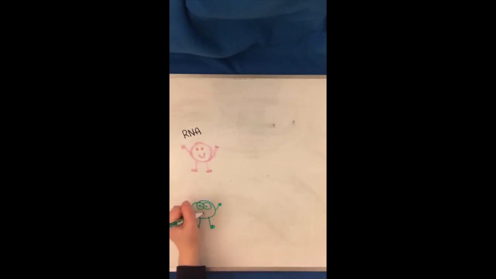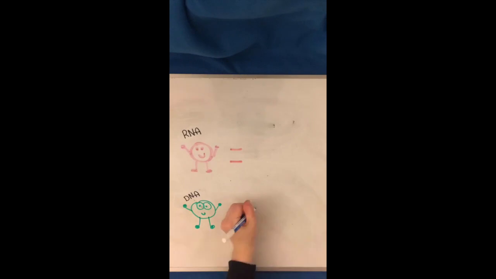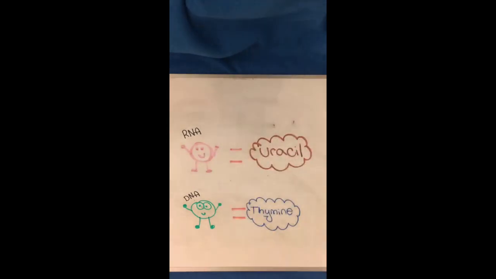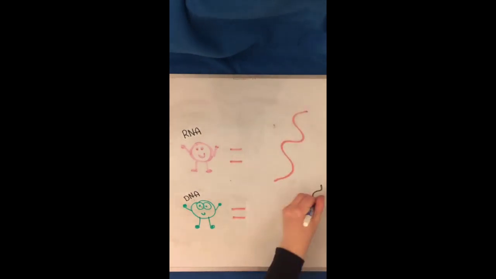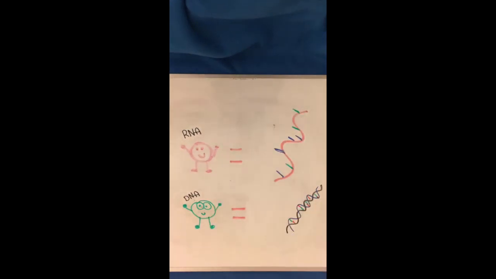For RNA, or ribonucleic acid, instead of thymine, uracil is used in its place. DNA is a double helix, while RNA is a single helix, so RNA only has to copy one strand of DNA.